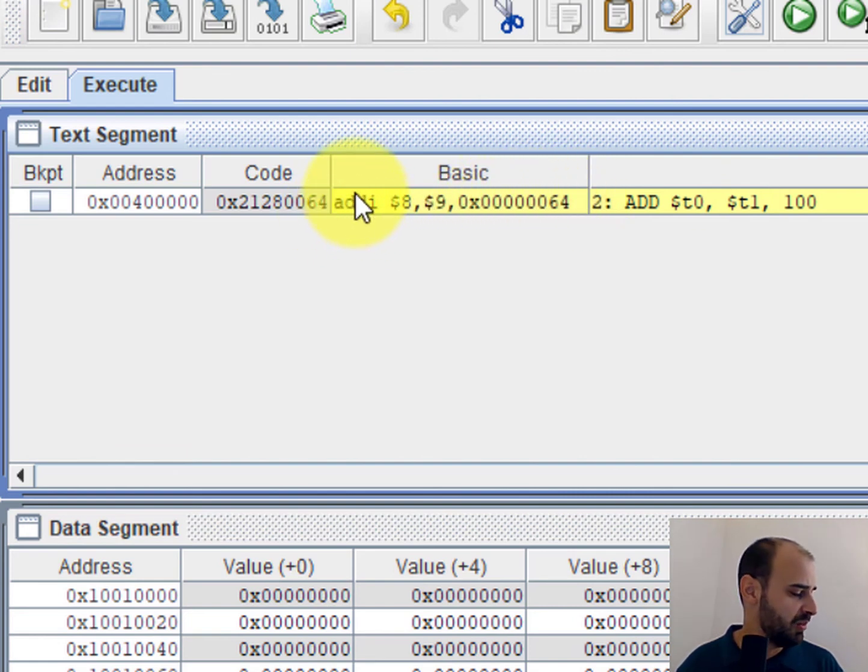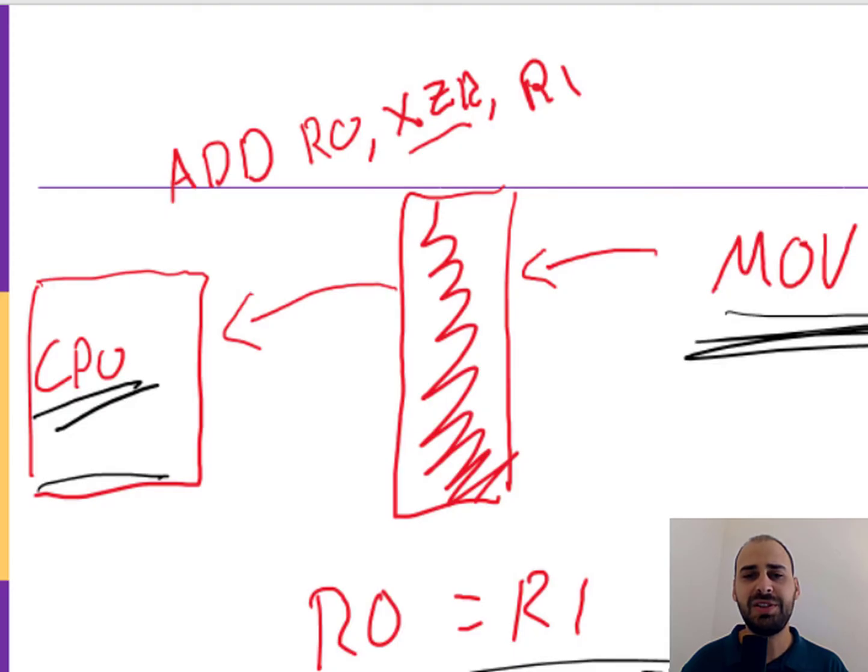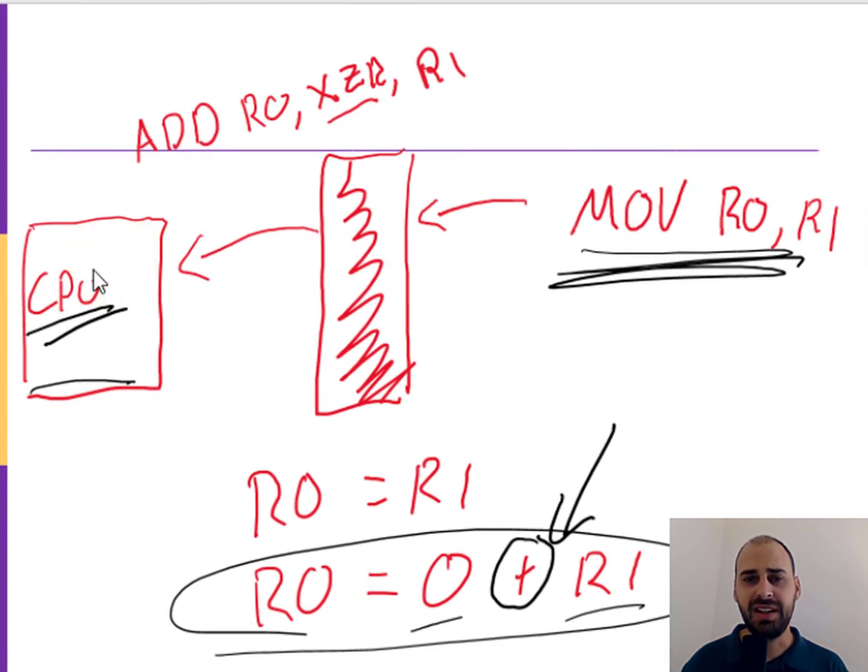But the key thing I want you to recognize is that I used add here, and what comes out the other end is addi, or add immediate. The reason for that is that the processor needs to support different things.